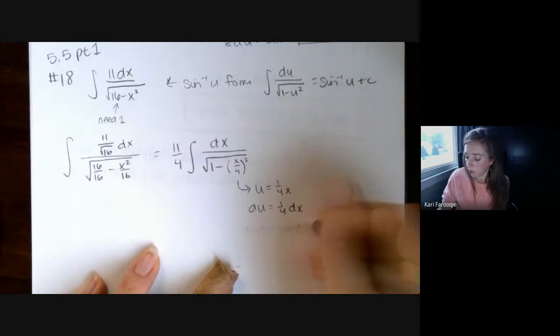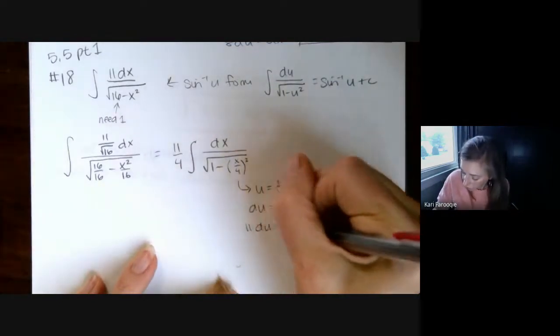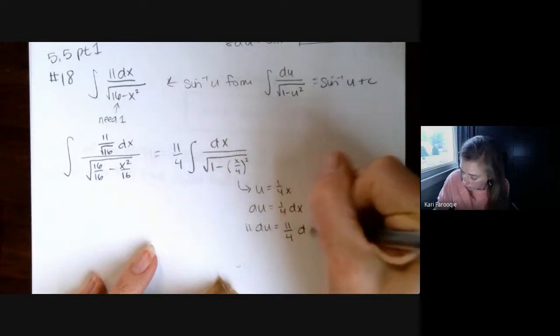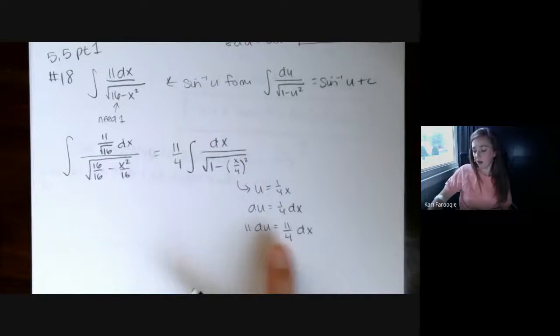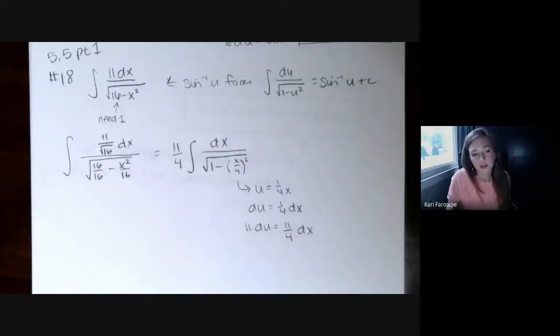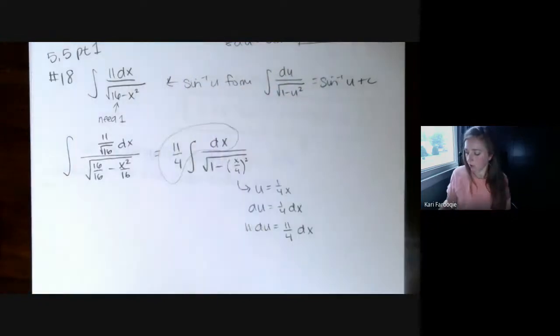So if you didn't want to have to do anything here, you could just multiply both sides by 11. And then you could say, well, okay, I already have 11/4 dx, so we'll call that 11 du. It's not a big deal. It just means that you don't have to do any canceling, like multiplying and dividing. But it's up to you what your comfort level is. Okay, so that will be your 11/4 dx will be your du, 11 du, sorry.